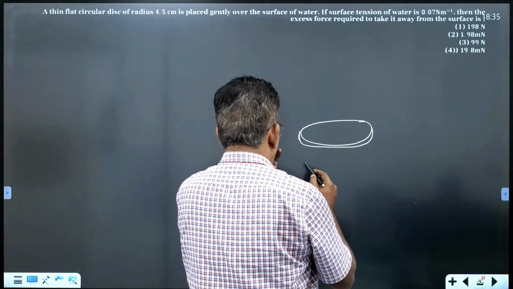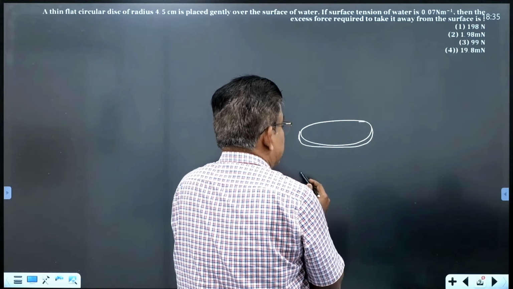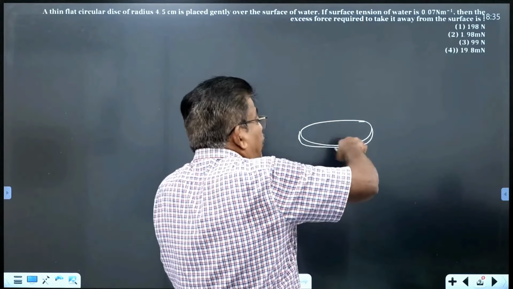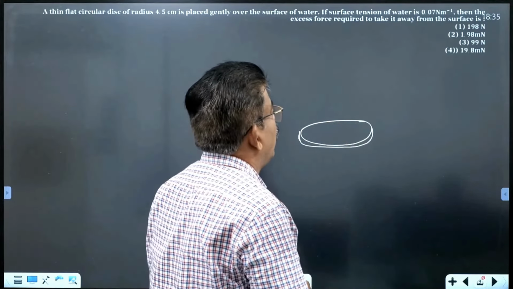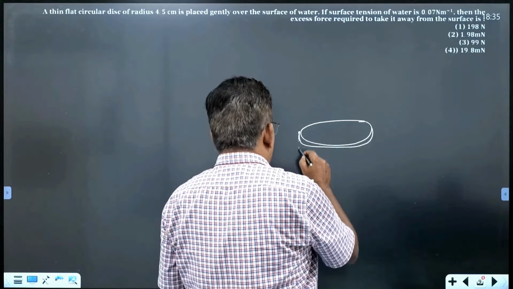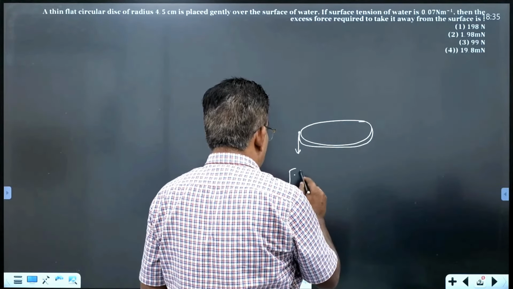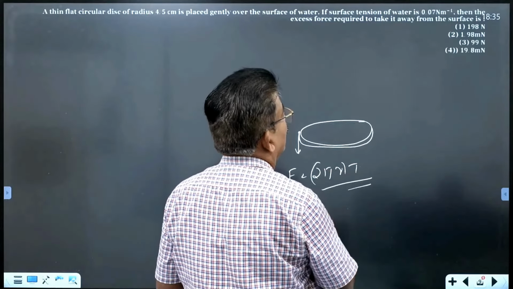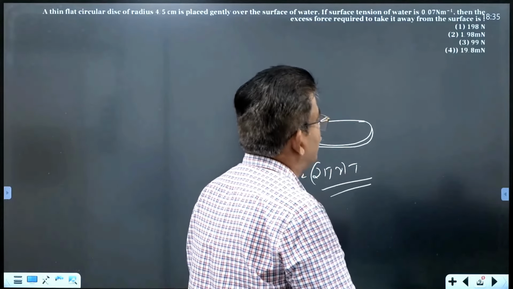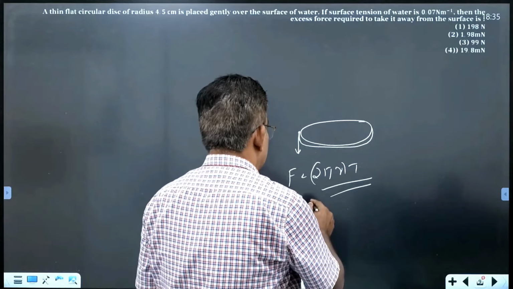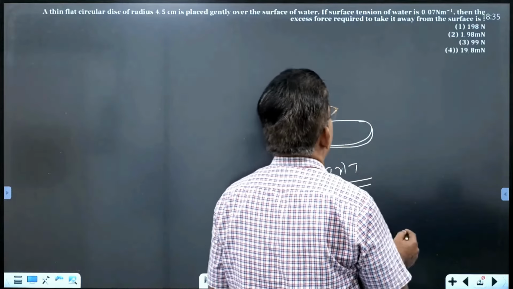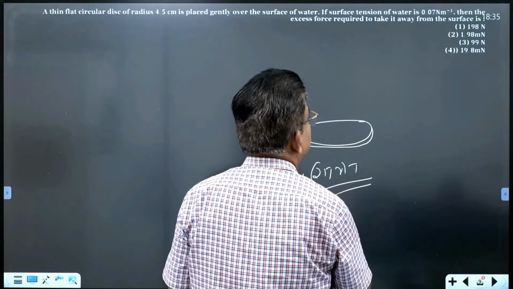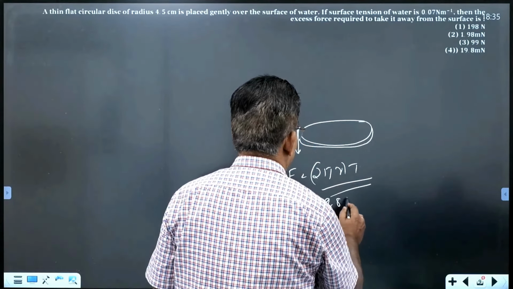Therefore, the force acts along the perimeter, down along the perimeter. Total force will be 2 pi r into T. Substituting the values of everything given, radius and surface tension, your answer comes to be 19.8 millinewton.